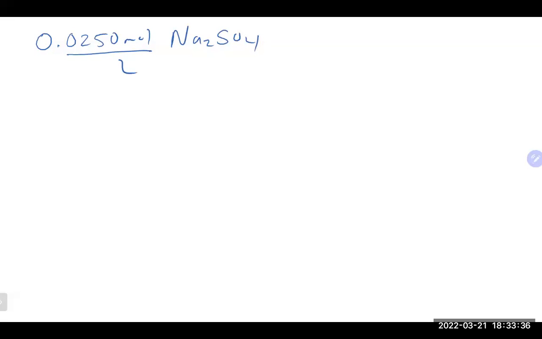And let's say that we wanted to figure out the equivalents per liter and the milliequivalents per liter for both of the ions that are present here. That would be the sodium ion and the sulfate ion here.